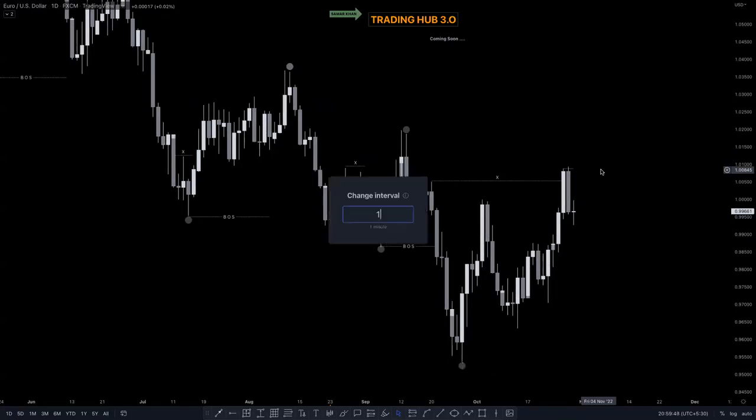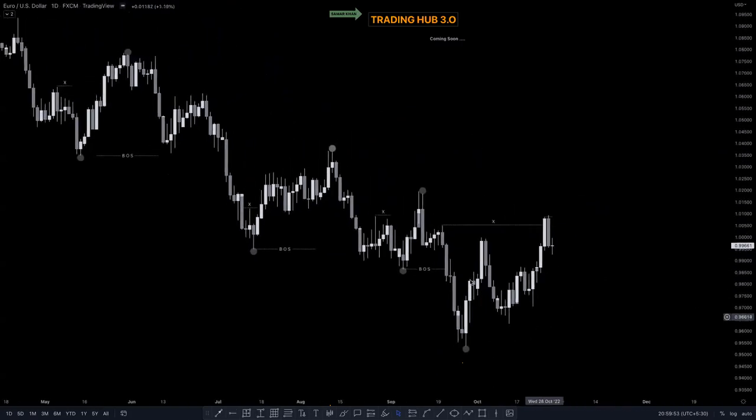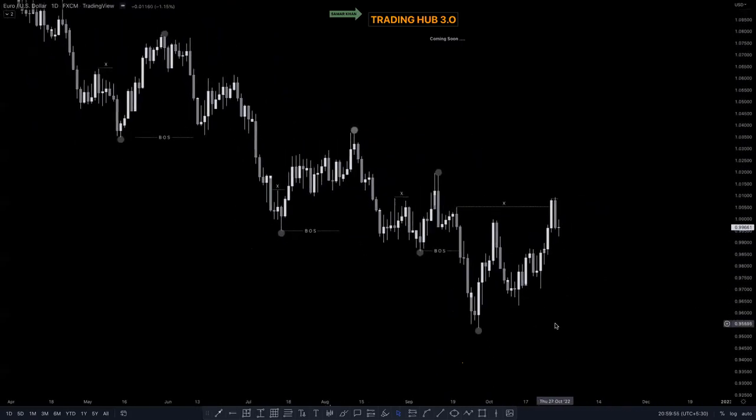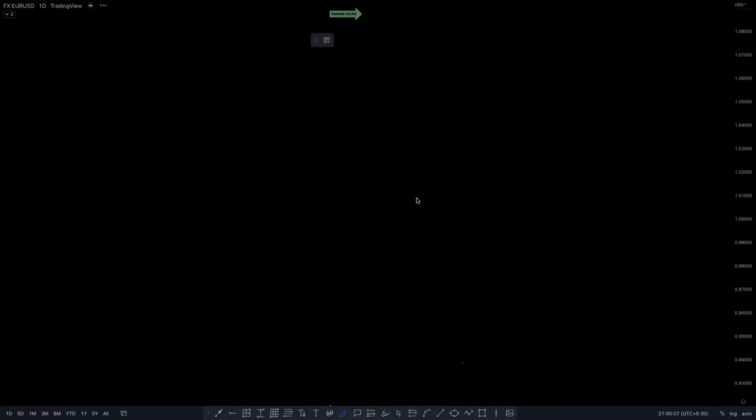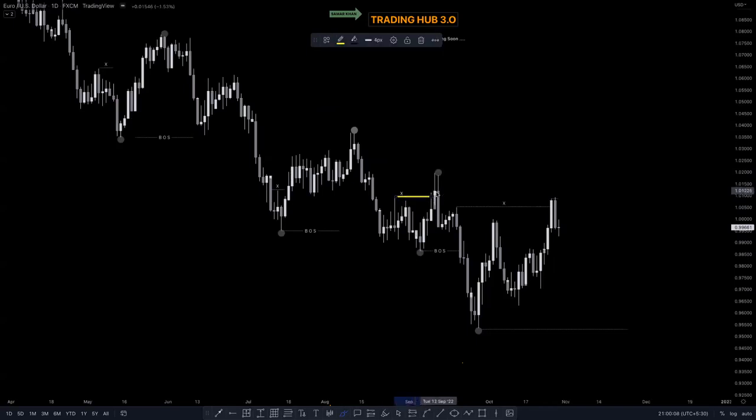Now we can switch, and one more thing I want to mention here. This one is our daily time frame structure, and we can see Euro USD in upcoming days, as per this structure, will at least take out this low, because every time the market takes out the inducement, it then gives a strong move to the downside and at least breaks the previous low, which is here.